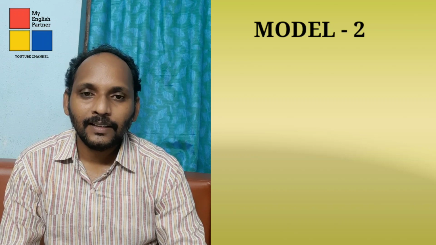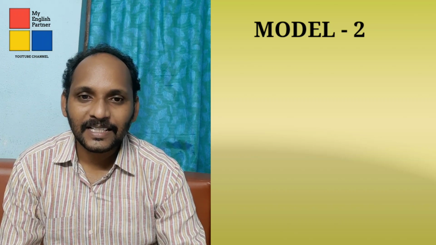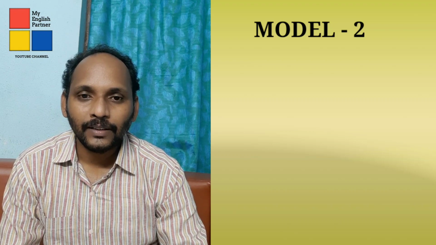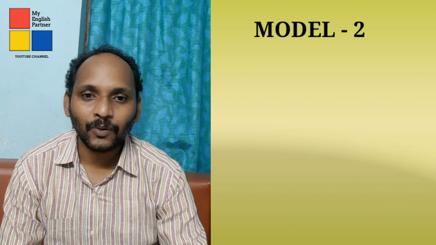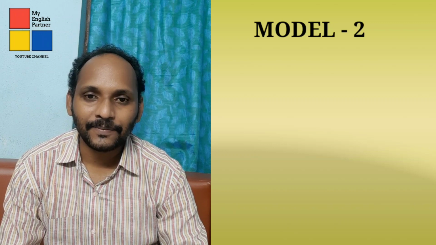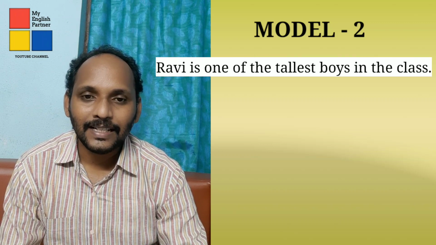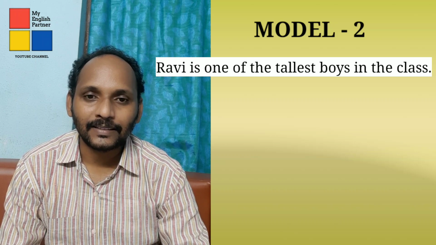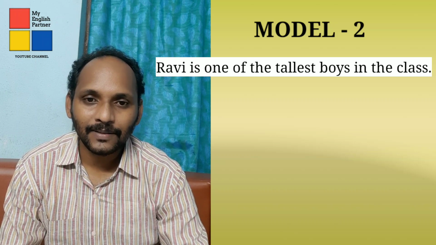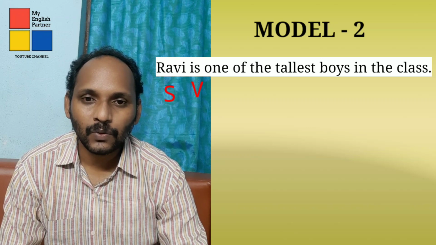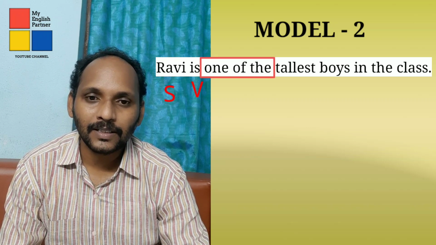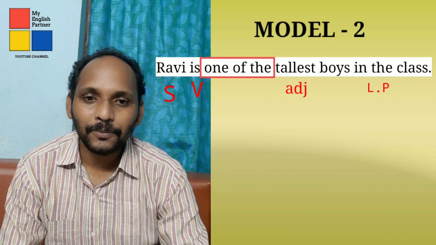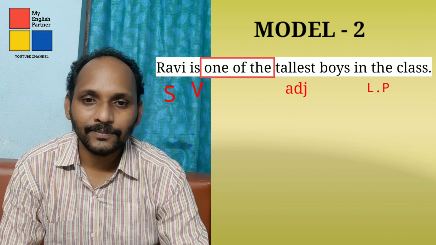Model 2. In this model, the sentence expresses that the subject is one among the highest quality having persons or things. So Ravi is one of the tallest boys in the class. Ravi is the subject, is the verb. One of the is the additional part, tallest is the adjective part, the remaining part is the last part of the sentence.